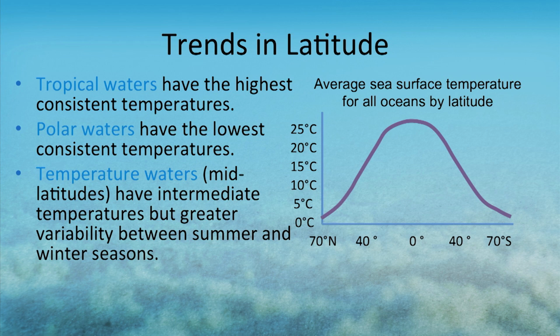Now, the mid-latitudes, which is where California is located, and the Carolinas on the East Coast, that area, have, of course, the middle of the range temperatures, kind of an in-between between polar and tropical, but interestingly, not always very consistent throughout the year.